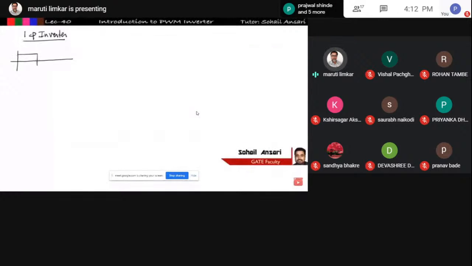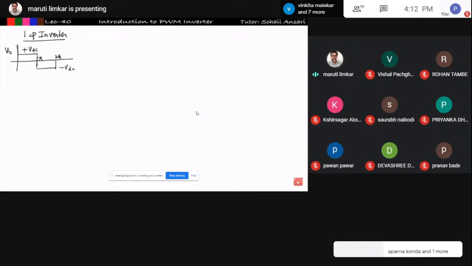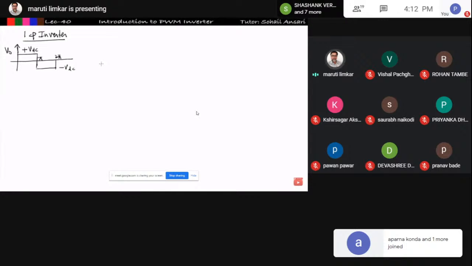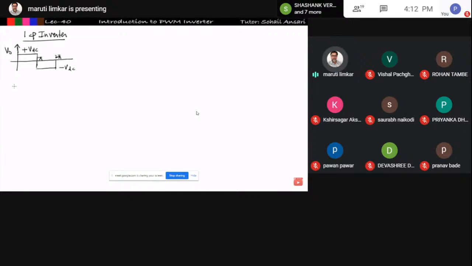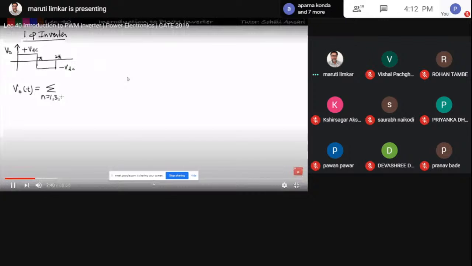From 0 to pi it is VDC for full bridge, and from pi to 2 pi it is minus VDC for full bridge. If you consider the half bridge, then it will be plus minus VDC by 2. Got it? This is my output voltage I was getting in the single phase inverter that we saw in the previous four to five lectures, right? And according to this, the Fourier series expression I was getting is equal to the summation of n equal to 1, 3, 5. See here, this upper part.